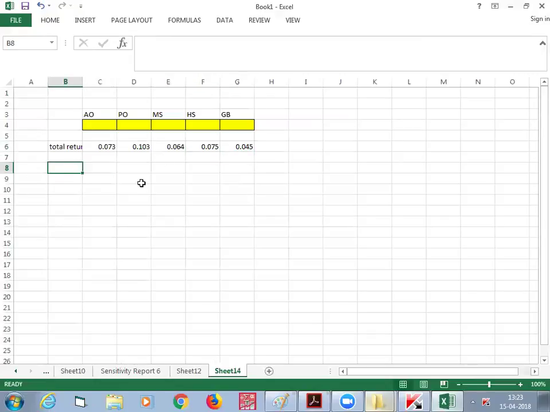Then total investment. Oil investment. And steel investment.